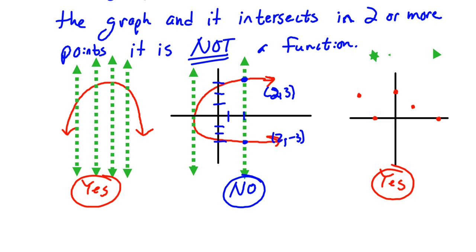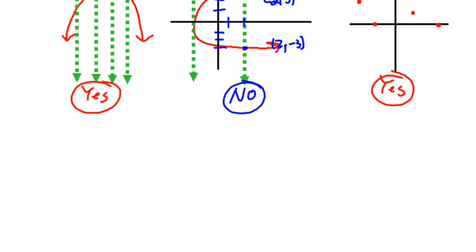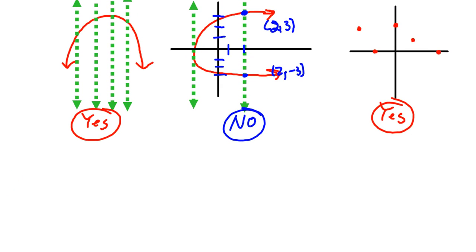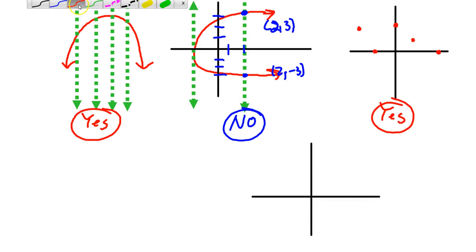Now, where it would be a no, if you had something like that. Again, we don't really care about what the values are. You're just looking at numbers. So go through the same thing again.